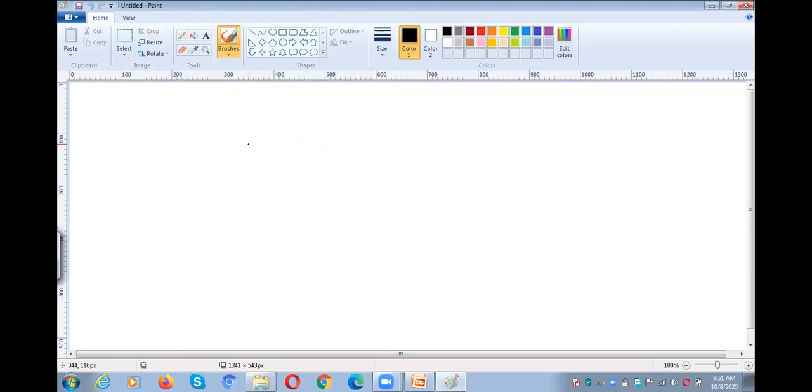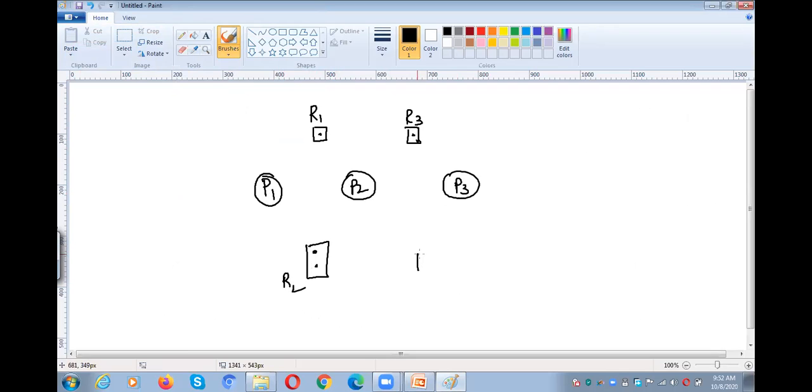If you observe here, as I told you, a process is represented with a circle. And in our example, we have four resources R1, R3, R2, R4. Okay. P1 is requesting R1 and it is assigned to P2.